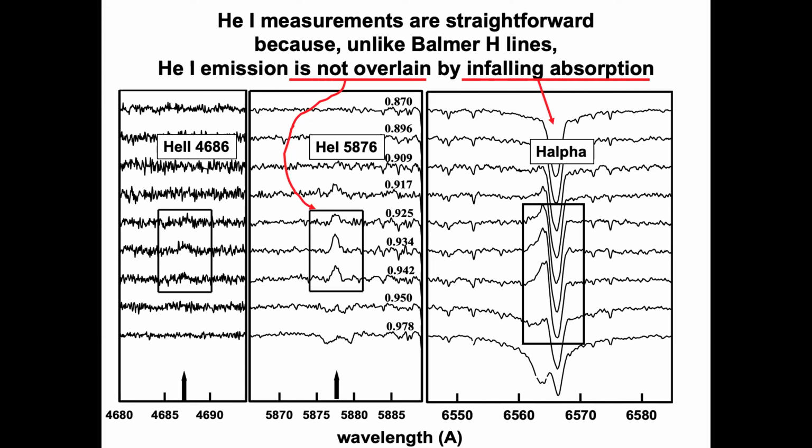So it's an ideal line to use to study the history of the emission phenomena, the shock phenomena during rising light. And here I point out to you that not only helium-1, but helium-2 4686 is visible at these same phases.